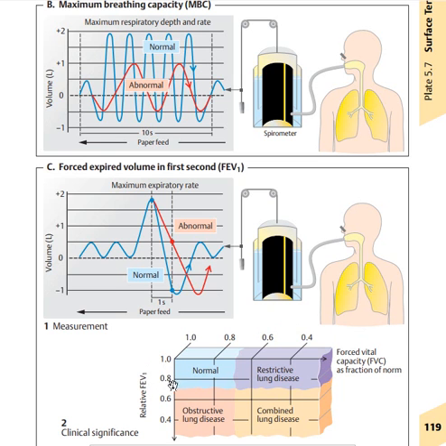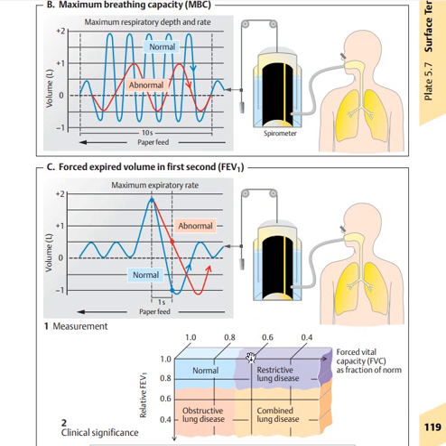The expiratory volume is 0.8 and the forced vital capacity is 0.4. So when you do 0.8 divided by 0.4, you are going to have a certain value. Therefore, in obstructive lung disease, the forced expiratory volume is low, 0.4, while the forced vital capacity is high, 0.8. When you calculate, the pulmonary ratio here is going to be smaller, while the pulmonary ratio here is going to be larger.